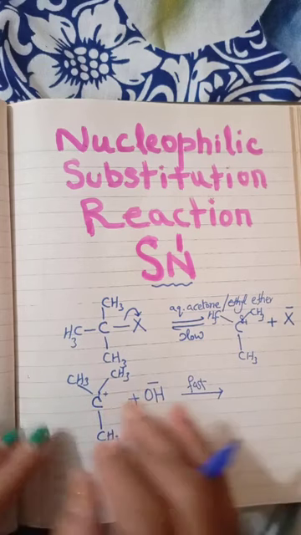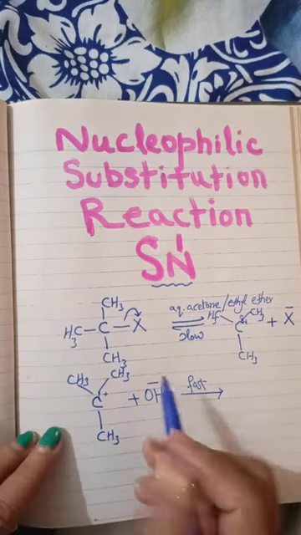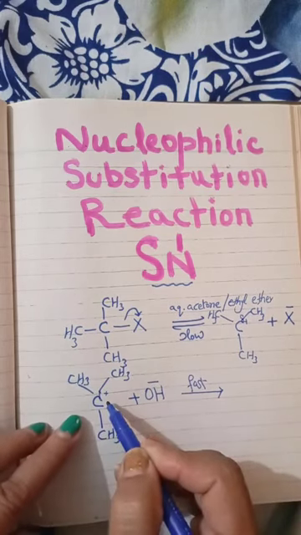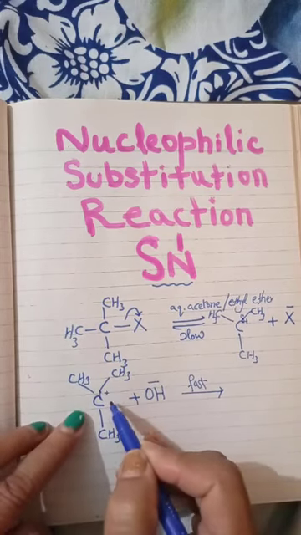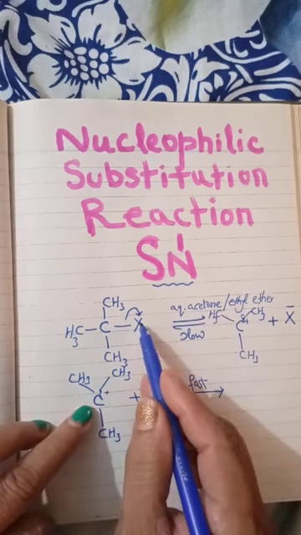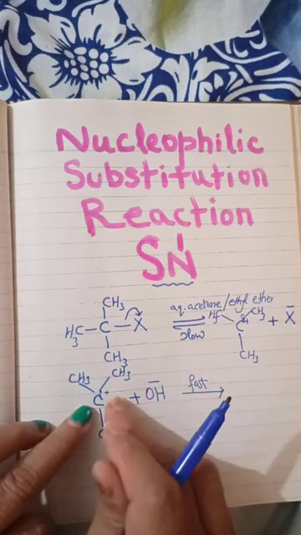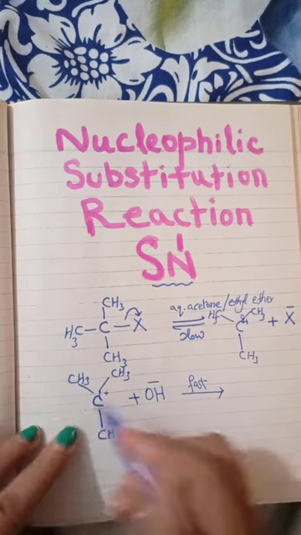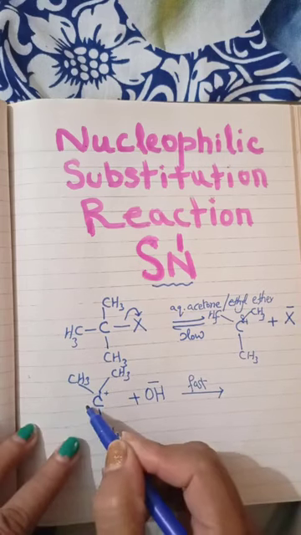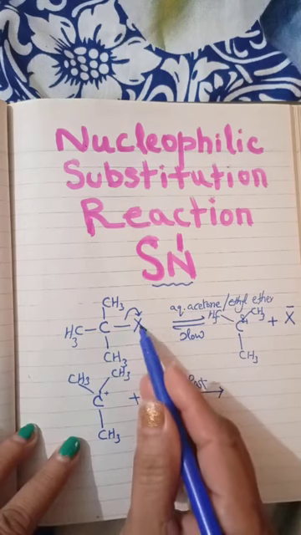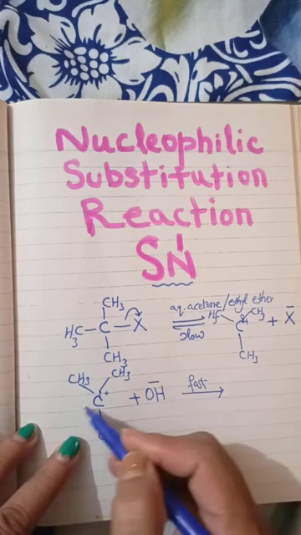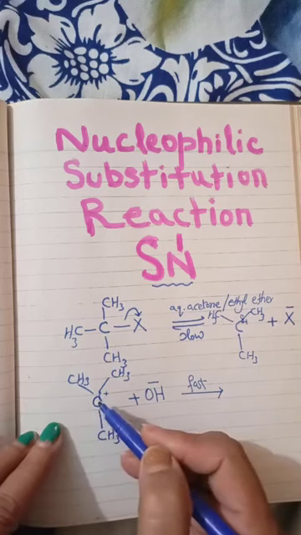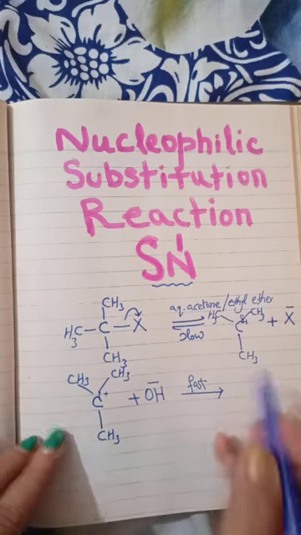That's why we get different types of structures. For example, if it attacks on this side, OH will be on the same side as the halogen was, and you will get 50% retention structure. And if it attacks on the other side, OH is in the direction opposite to the leaving group, and we get an inverted structure.